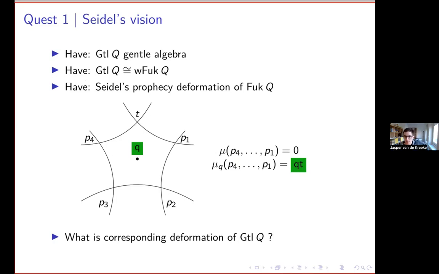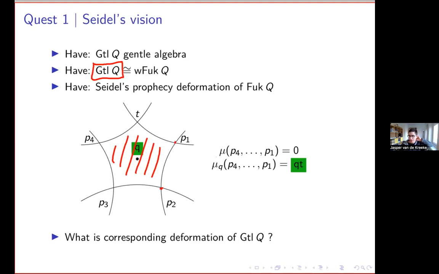So to understand what this deformation of GTLQ should then look like, let's have a brief look at what Seidel says should come out, how the A-infinity product should get deformed. He says, okay, so if you have a disk which covers a puncture, so you have this large disk and there's a puncture in between, and these are intersection points between Lagrangians.